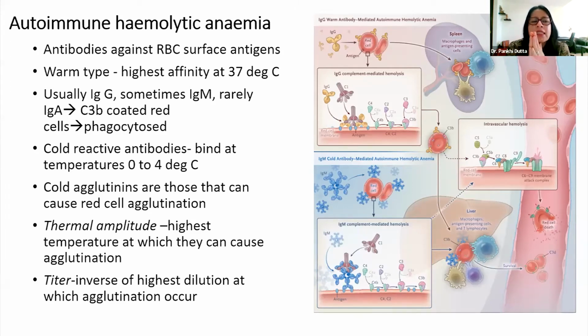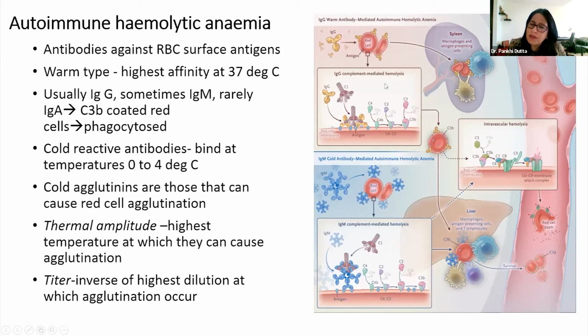What happens is that usually the IgG can coat the red cells, or sometimes the IgG can cause some amount of complement activation. The complement system is a system of catalytic proteins, plasma proteins, which activate each other in a cascade system, rather like the coagulation proteins. And if the whole cascade proceeds till the very end, it can cause intravascular hemolysis because the last components of the complement system can form a very strong lytic substance.